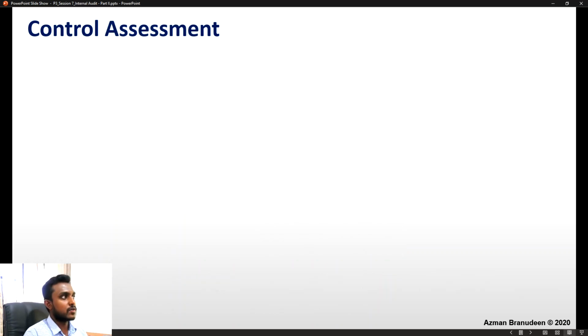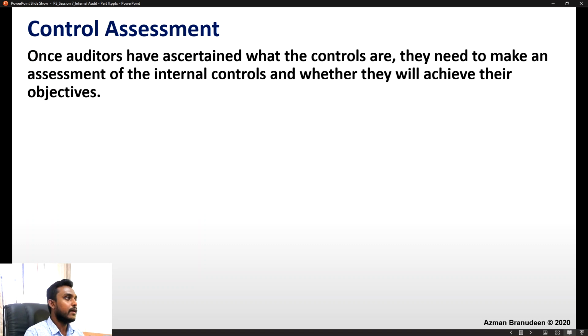Let's take a look at control assessment. Once the auditors have ascertained what the controls are, they need to make an assessment of the internal controls and whether they will achieve their objectives.